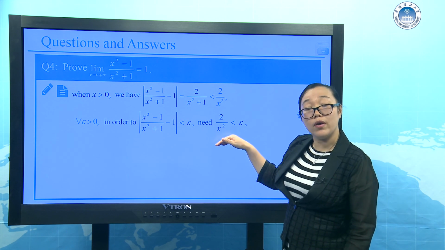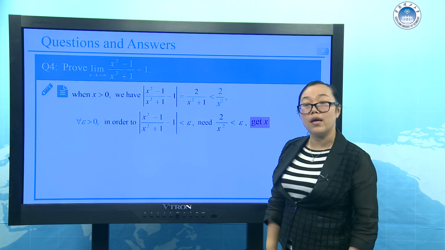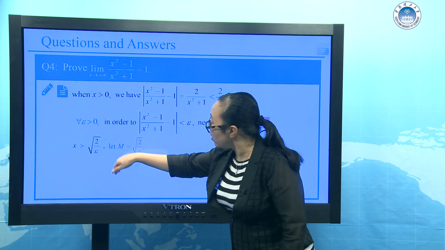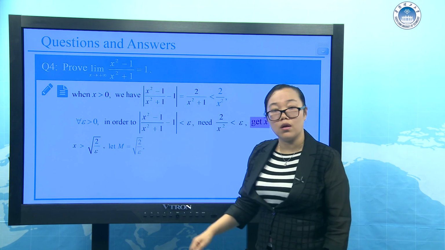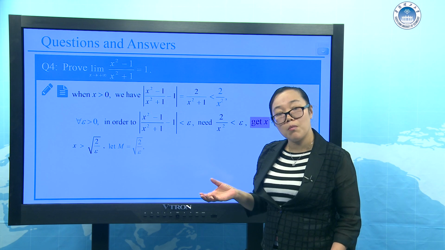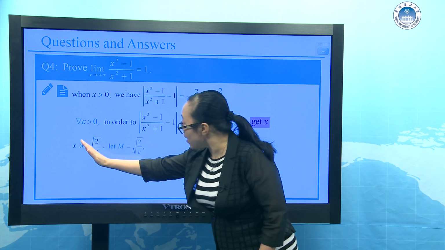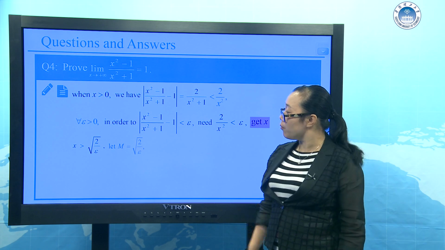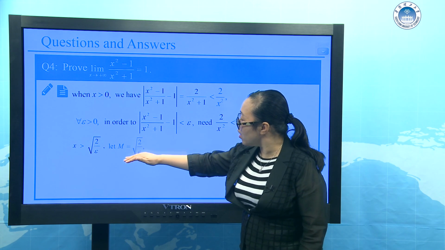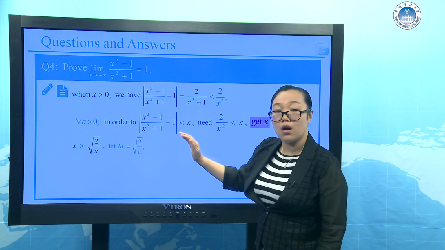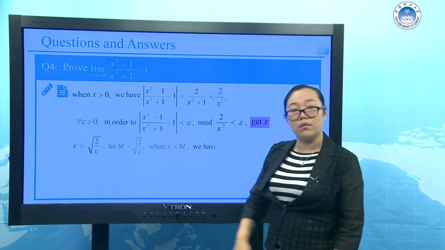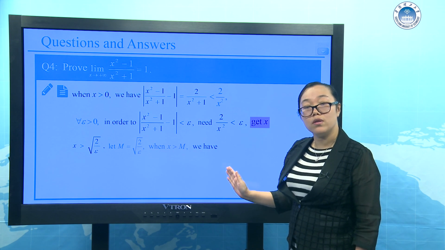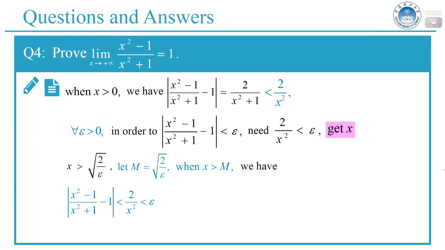Step by step, we can get epsilon, getting x. This means x is greater than the square root of 2 over epsilon. Anyway, you will get some relationship between x and epsilon. Try to find it. At this time, let capital M equal the square root of 2 over epsilon. If x is greater than capital M, we always have this expression.